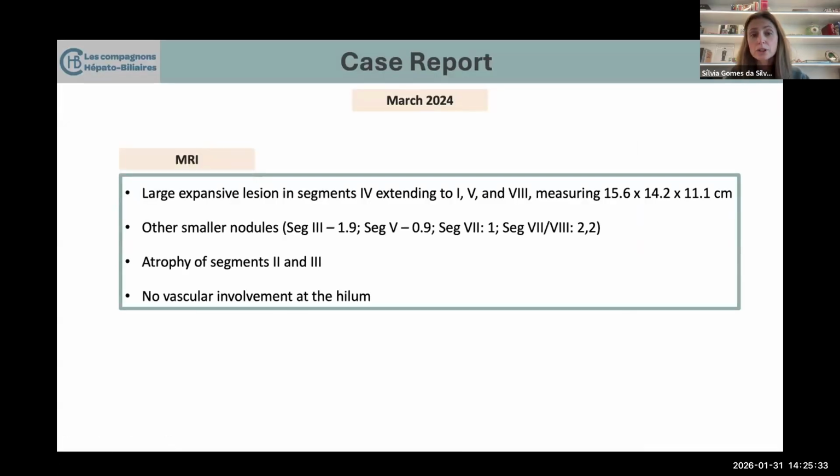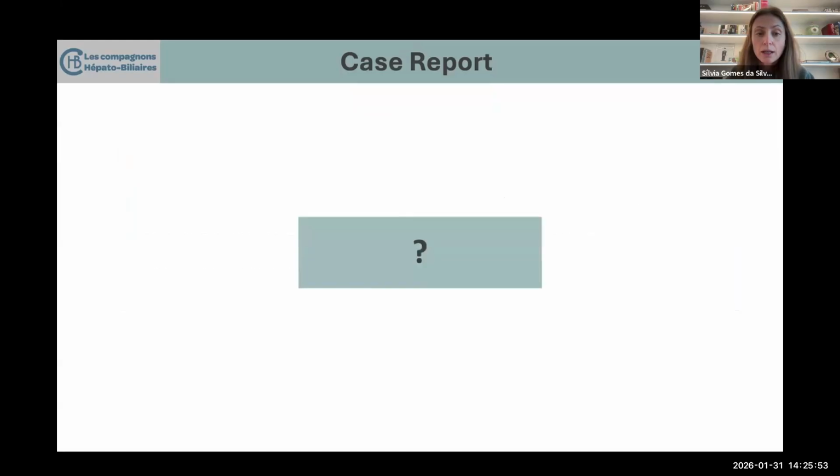So a large lesion in these segments with the other small lesions in segment 3, 5, 7, and 8. Atrophy of segment 2 and 3 because of the compression of the hepatic vein and the hilum, but no vascular involvement at the hilum. And I want to ask you what you think.